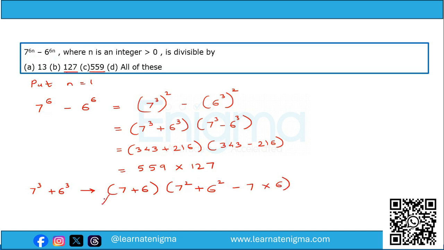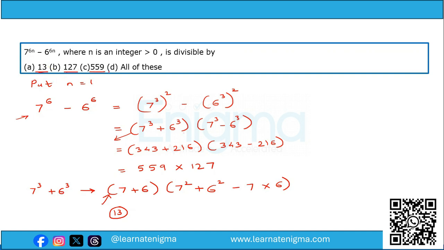So we can see from here that 7 cube plus 6 cube has one of the factors as 13 as well. So 13 is a factor of 7 cube plus 6 cube, which in turn is a factor of 7 raised to 6 minus 6 raised to 6. So we can say that 13 is also a factor of 7 raised to 6 minus 6 raised to 6.